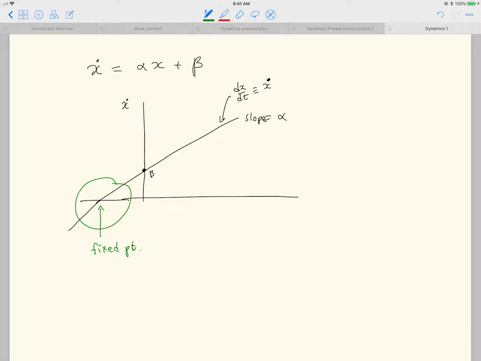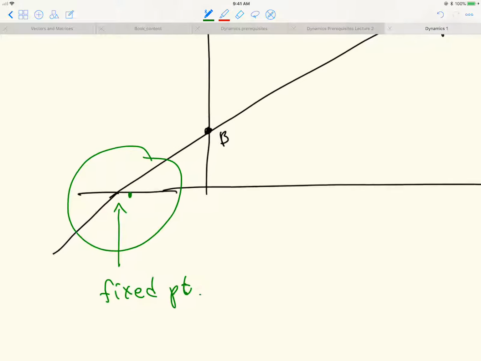And we can ask, is that fixed point stable or unstable? If it's stable, everything is going to move towards it. If it's unstable, things are going to move away. So how can we tell whether it's stable or unstable? Well, exactly the same as when we had just x dot equals alpha x. Because you can see that if there's some noise that moves you, say, a little bit to the right of the fixed point, you can then ask, what's dx by dt? If you're to the right of the fixed point, dx by dt is positive.